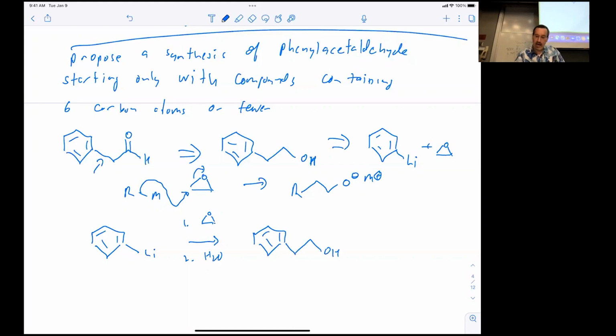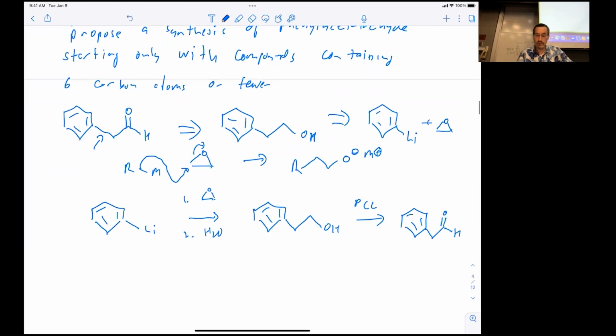If I then oxidize that alcohol, and now you really do need to use PCC to stop at the aldehyde and not go all the way to the carboxylic acid, not go to phenylacetic acid, now I've got the corresponding aldehyde that I wanted. So that's an example of thinking our way through a problem retrosynthetically and building up a more complex molecule.